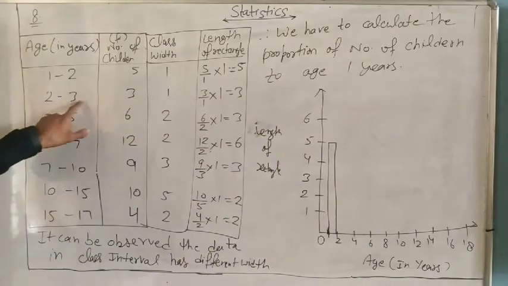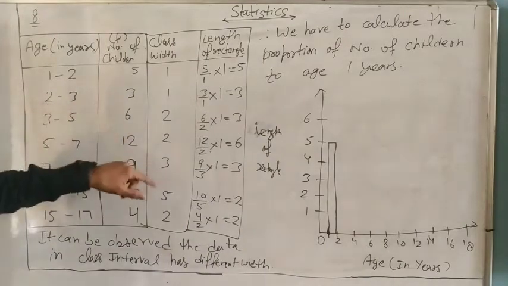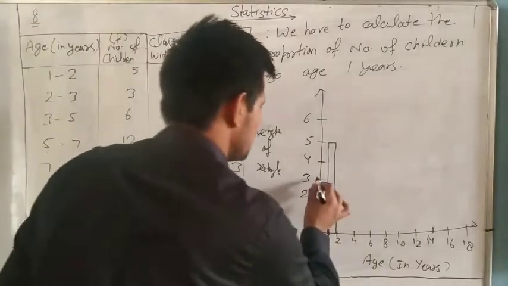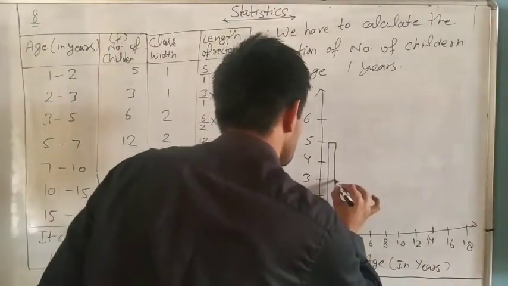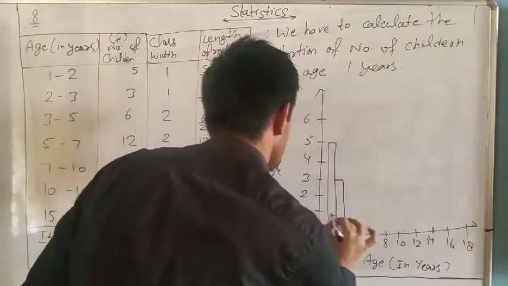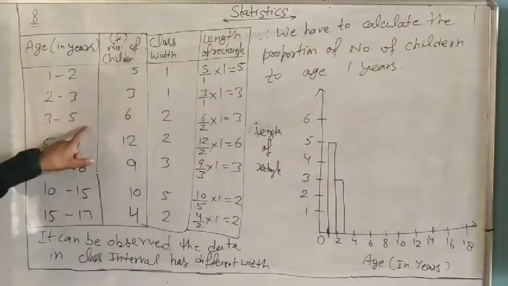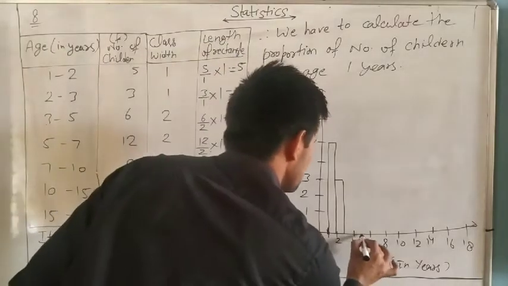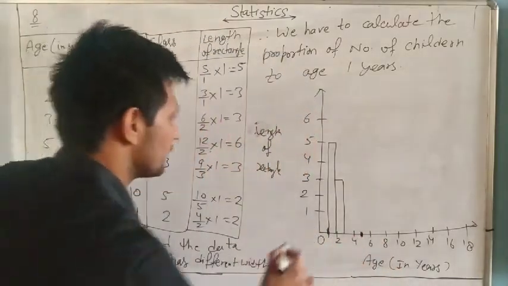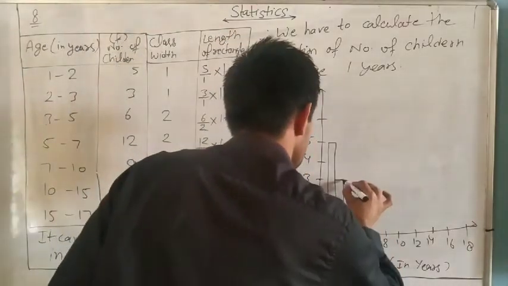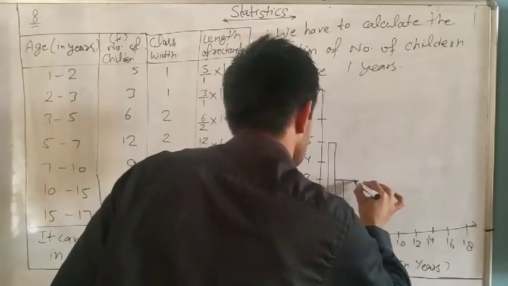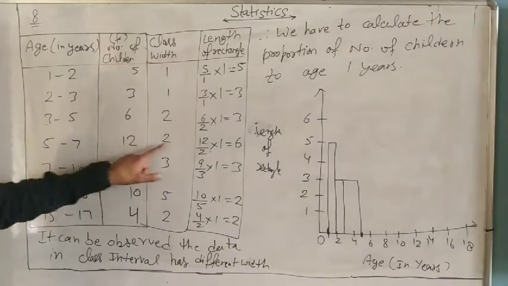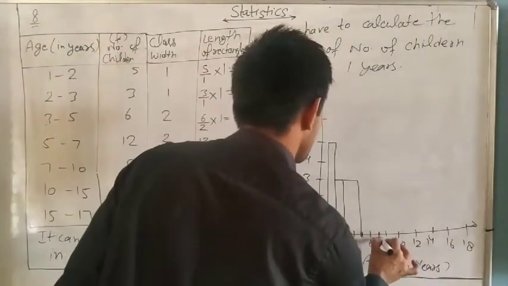Now 2 to 3 is 3. Next is 3 to 5, which is again 3. Next 5 to 7 is 2.